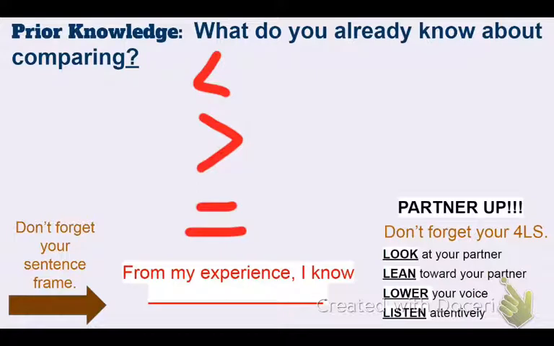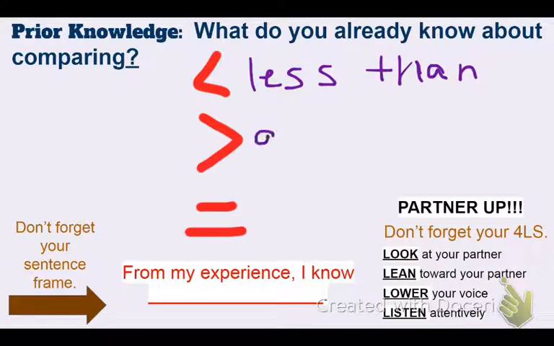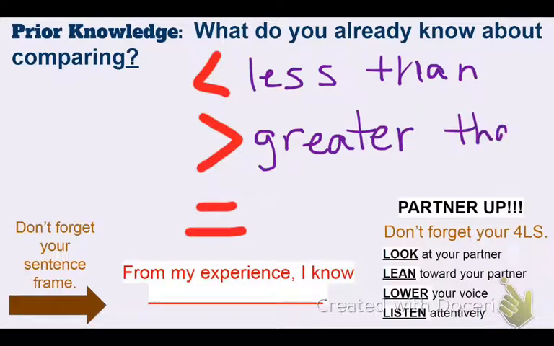All right, well, what do you already know about comparing? I know you've seen these symbols before. Less than. And then, of course, the next one would be greater than. One way to remember which one's which is to think about it as an open mouth. If the open mouth is facing the larger number, that might help you remember.